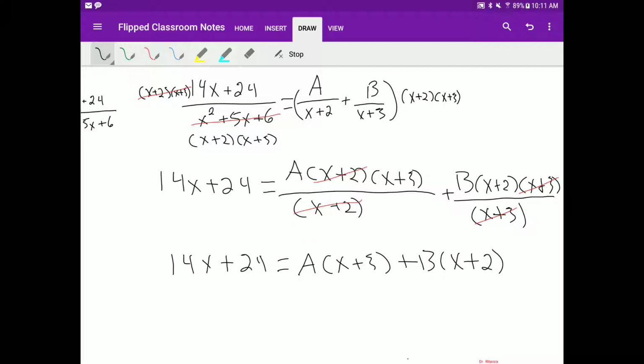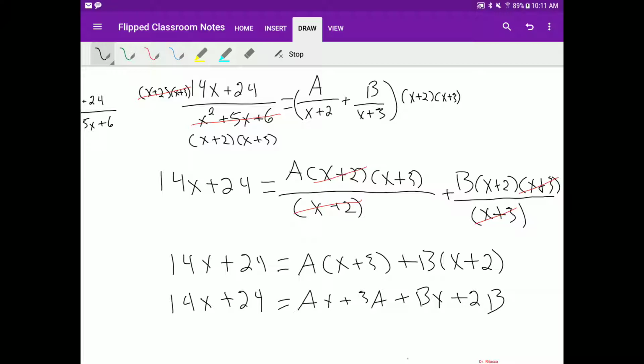I'm going to carry those through. So we still have 14x on the left. I'm pretty much not going to do anything to the left side. ax plus 3 times a plus bx plus 2 times b.